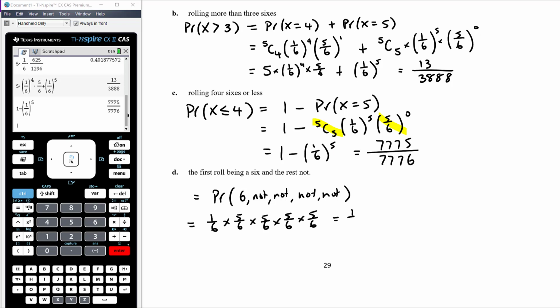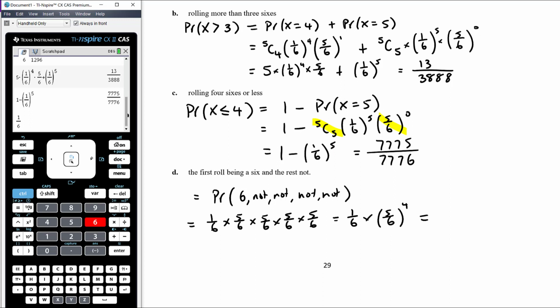So it's just 1/6 times 5/6 to the power of 4. We don't have 5 choose 1 out the front here because we're not interested in the 5 different positions that the 1/6 could be in. We only want the one branch where the first roll is a 6 and then the next 4 rolls are not 6s. Okay, so we can calculate this.